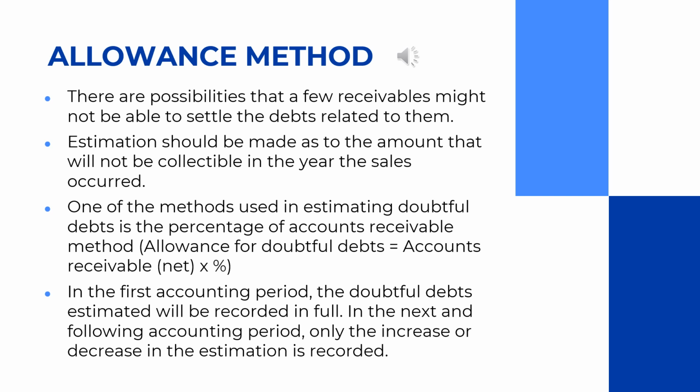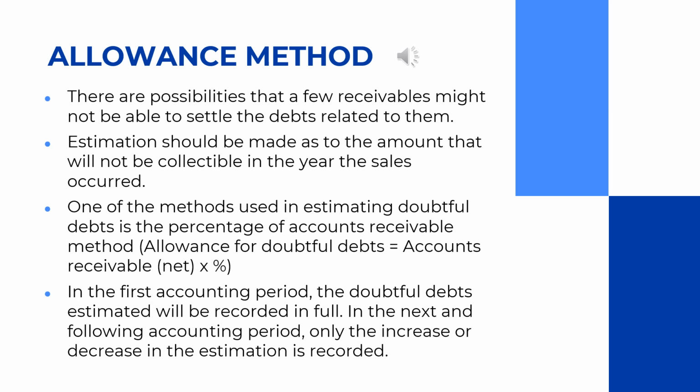So one of the methods used in estimating doubtful debts is the percentage of account receivable method, where the allowance for doubtful debts equals the account receivable amount times some percentage that is decided by the business owner or the company.